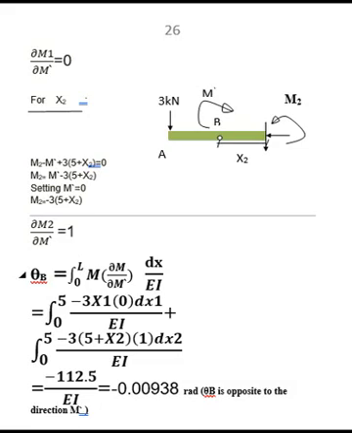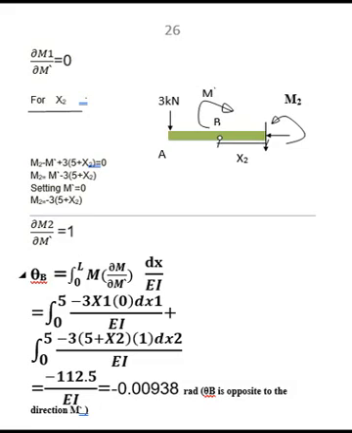So M2 will be M dash minus 3 times 5 plus x2. Now we set M dash equal to 0, because this was imposed by the method, which in fact does not exist. Then we take the partial derivative of M2 with respect to M dash, and that will be equal to 1.